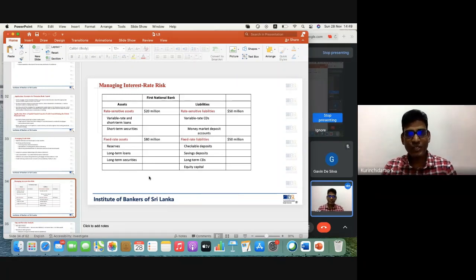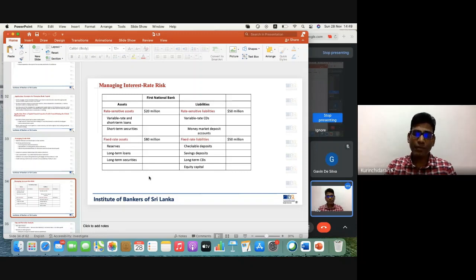When it comes to interest rate risk, you can see the possible losses arising from interest rate fluctuations, right? We discussed it already. So now, what is the interest rate risk for this bank, the overall interest rate risk?